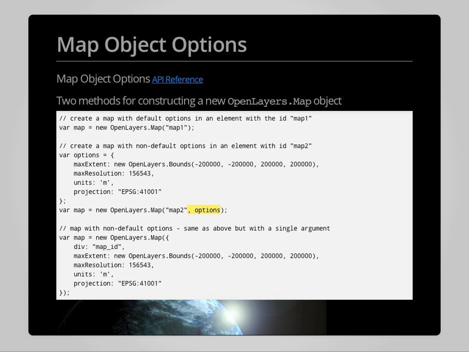A third option is to actually create a single argument that includes the pointer to the div that will contain the map and all other map options.